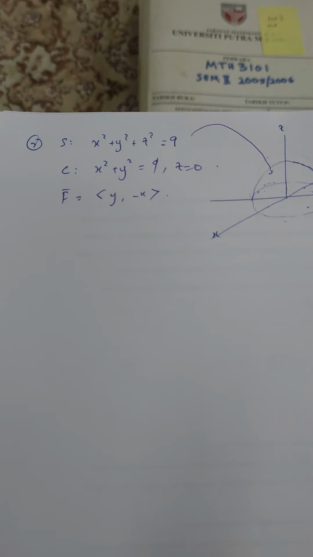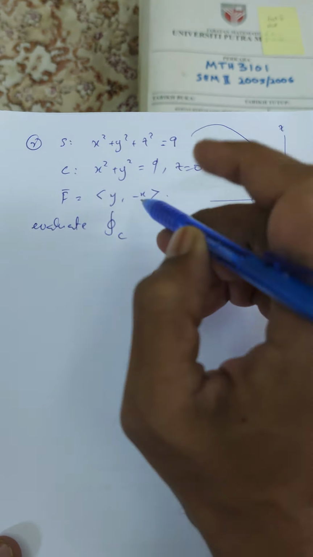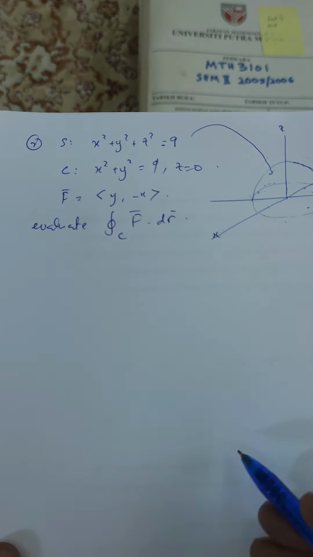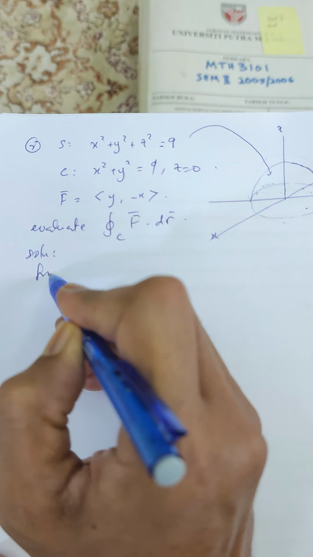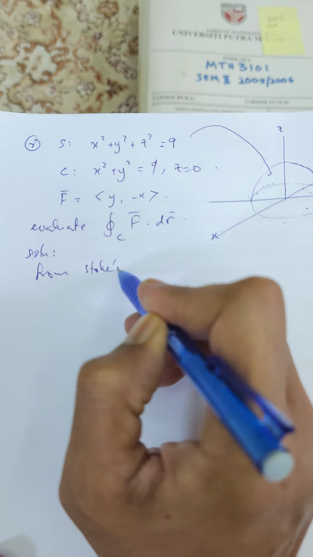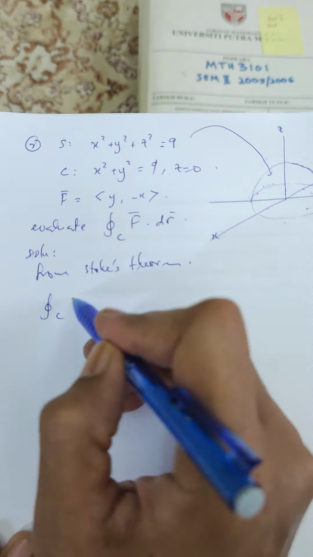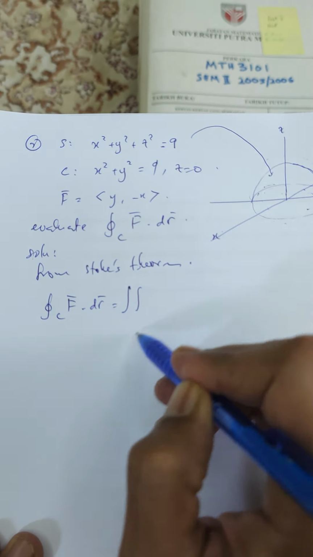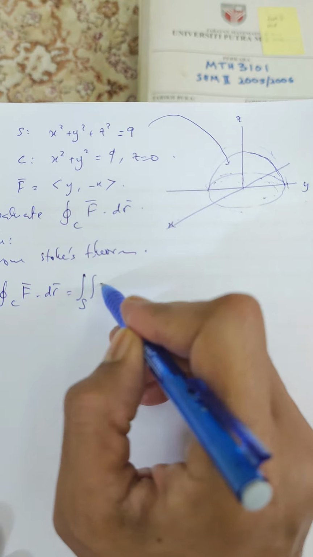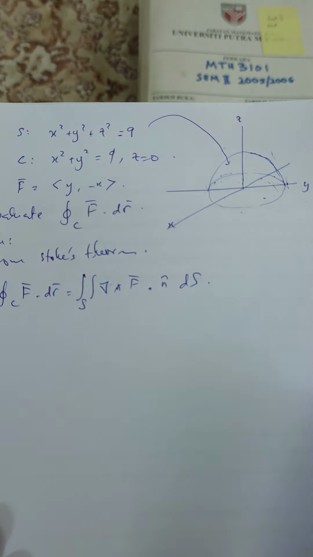Now, if you use the Stokes theorem, we want to evaluate the integral over C of f dot dr. From Stokes theorem, the integral over C of f dot dr is equal to the integral over the surface S of curl f dot n ds.